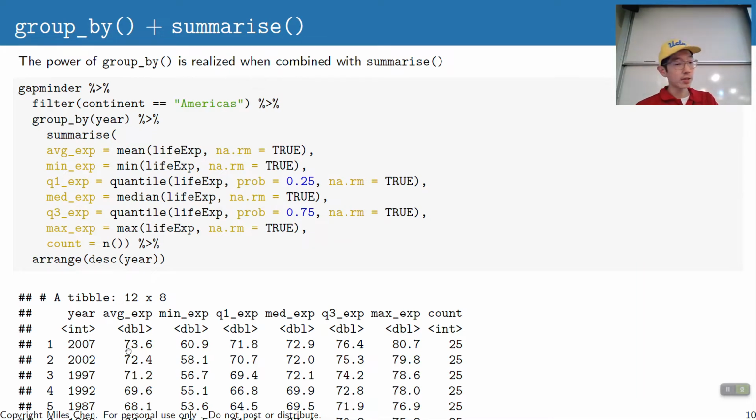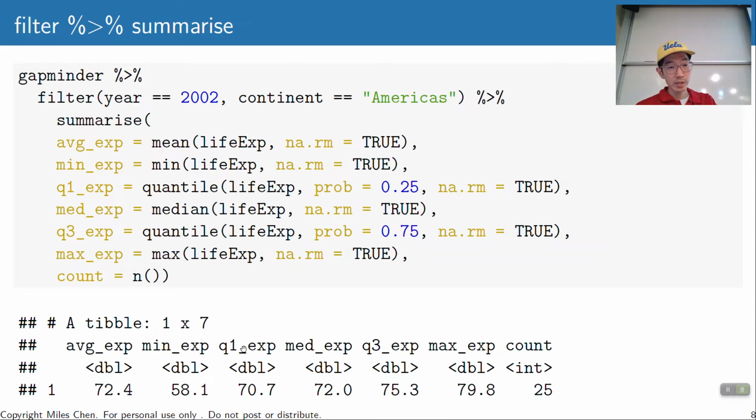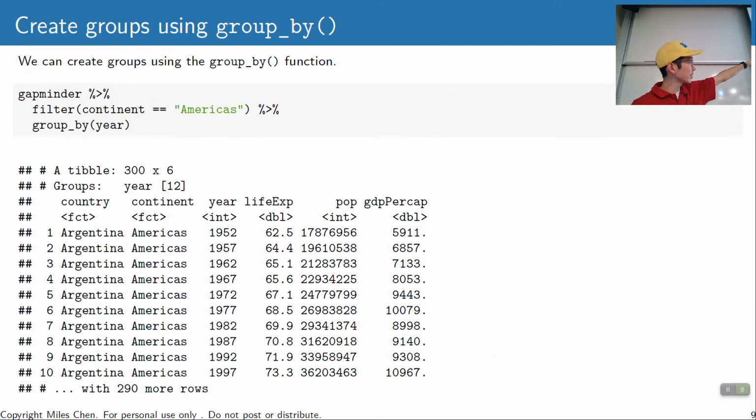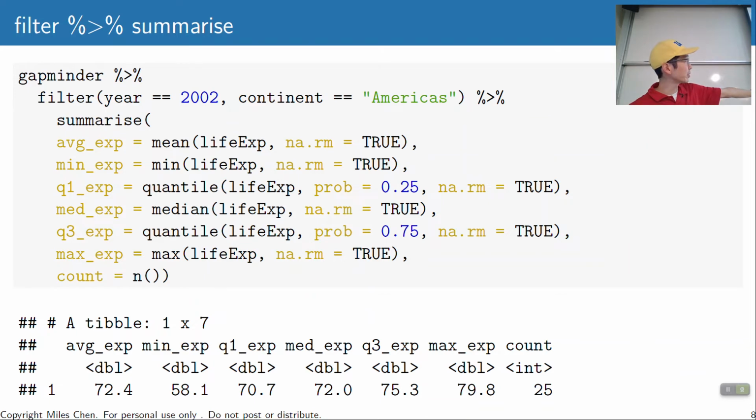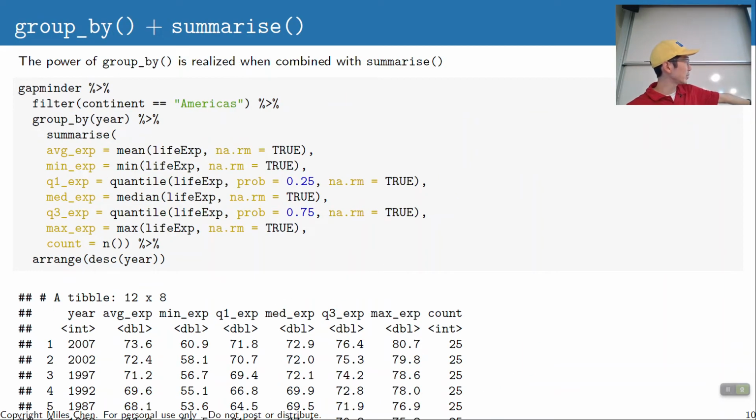Okay, so this top row, 73.6, 60.9, 71.8, will match what we have here, 73.6, 60.9, 71.8. Here I filtered to year 2007 continent Americas, and I'm getting the same thing right here. Then I did the same thing, but I filtered to year 2002, and I'm getting this row here. And this would match if I filtered to year 1997.